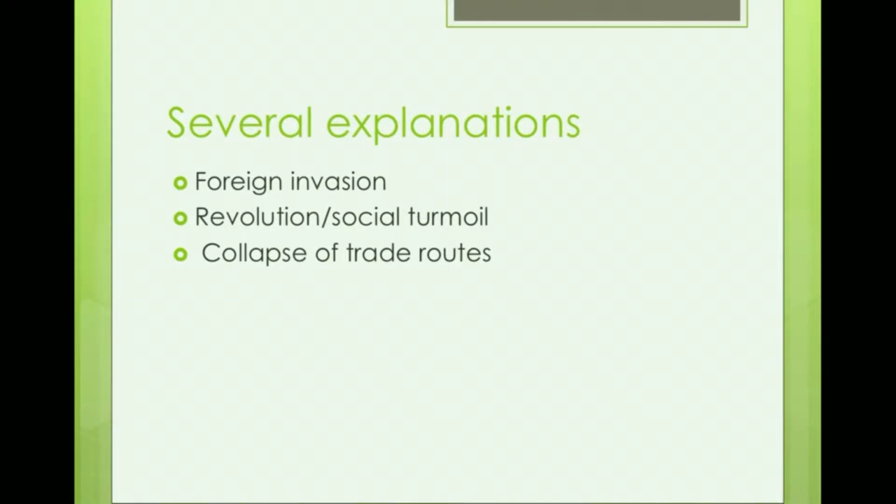Because if there's a collapse of the trade routes, you would think that even if those were gone, there would be some remnants, and that hasn't happened. There's a reading that speaks about this that I'll assign. An epidemic: there's always a possibility that an epidemic could have wiped the population out. However, there hasn't been a whole lot of evidence of that.